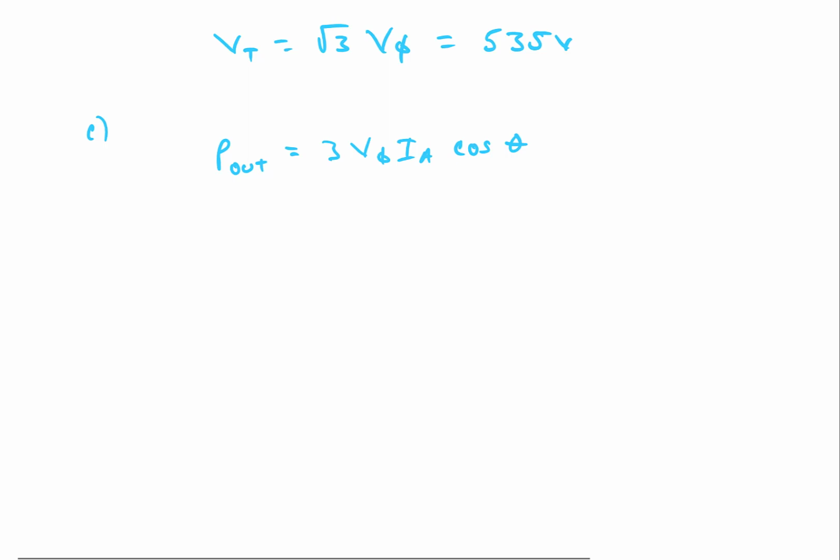So 3 VP IA cosine theta. And we have these values. We have VP from the previous part of the problem, VP in this case was 236.8. We know IA under the rated condition is 60 amps, and then of course cosine theta is 0.8. That's our power factor angle. And this gives us 34.1 kilowatts.